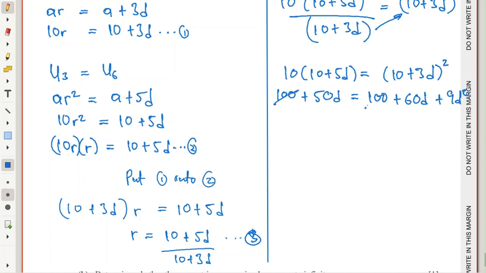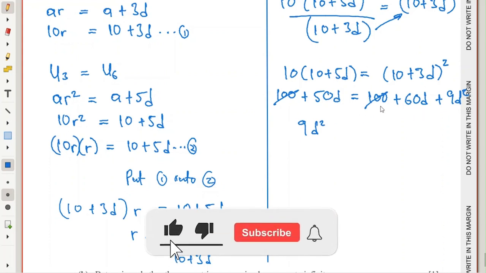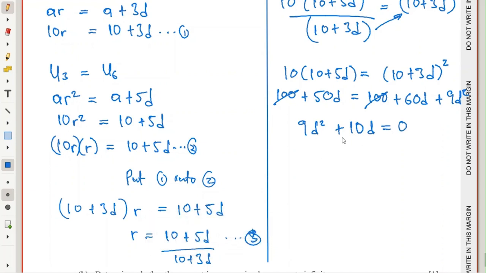So here, this and this will subtract. When I bring my friend here, 60 minus 50, that will be 10D. So they have D in common. So D is equal to 0, or D will be equal to negative 10 on 9.